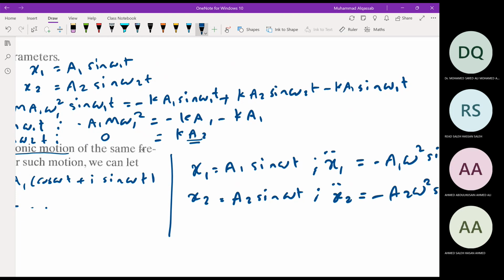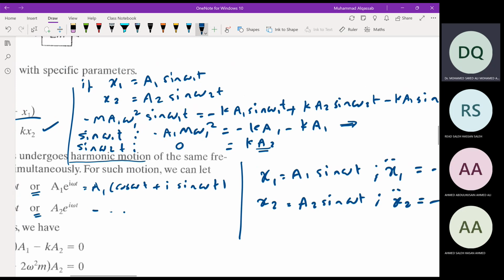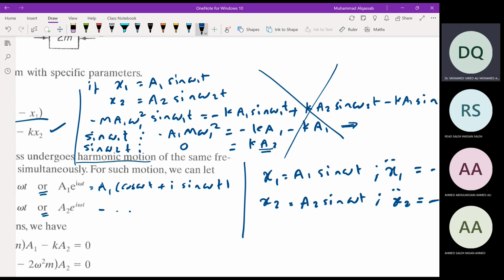And also this equation will have no meaning because you cannot find A1, you cannot find omega 1. So the only way that mathematically this will be true is when x1 and x2 are moving with the same frequency. They can have different amplitudes, but not different frequencies. Otherwise, the equation will not be balanced.